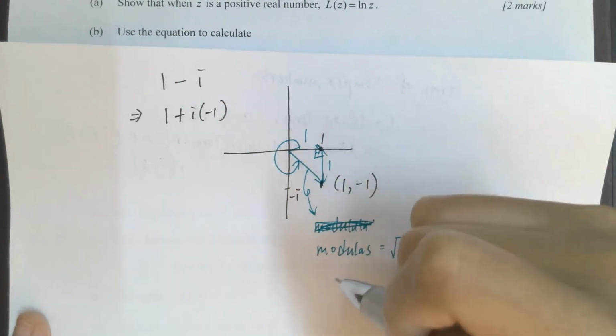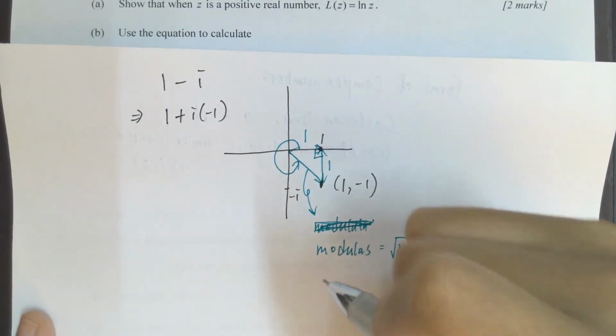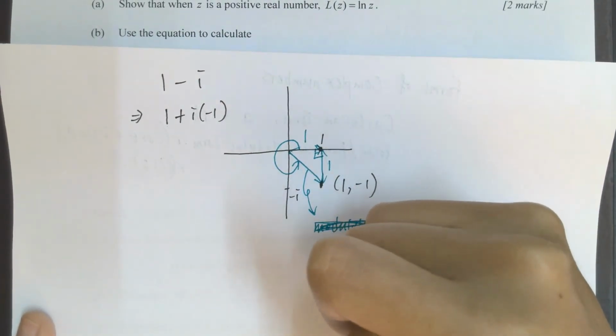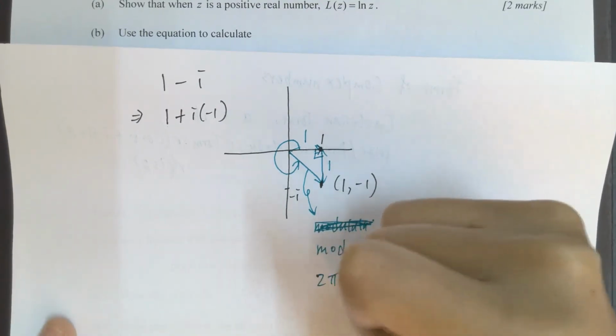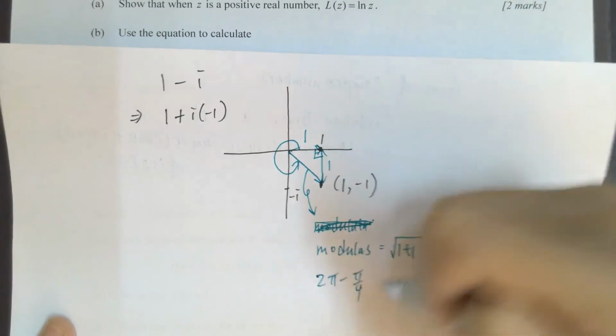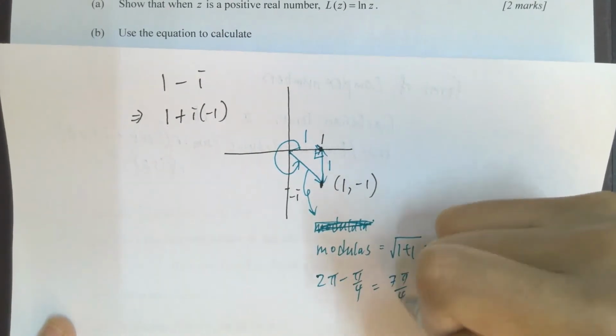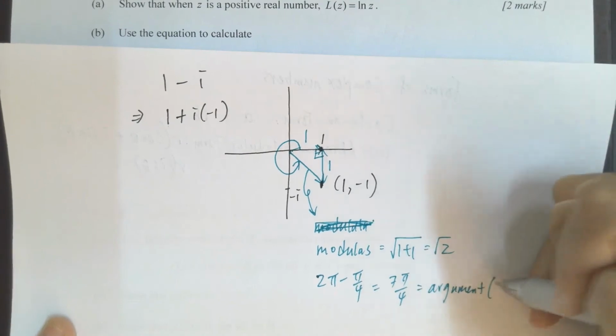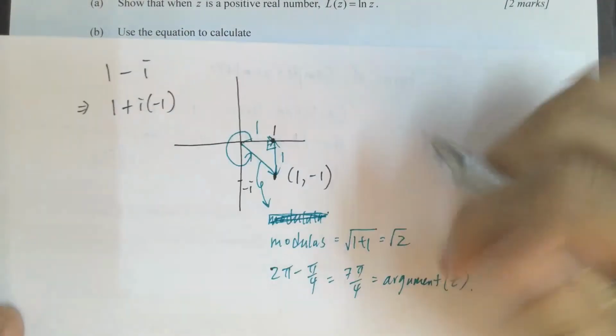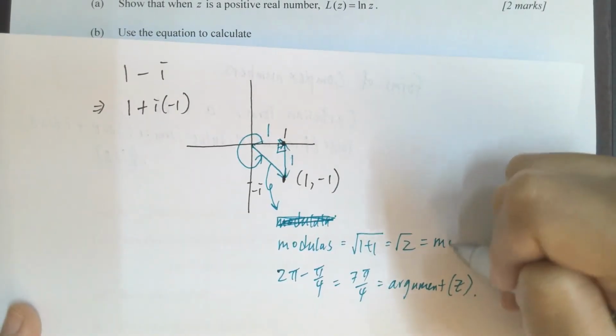But we don't want a negative angle, so we do 2 pi minus pi over 4, which is going to be 7 pi over 4. This is our argument, and this is our modulus of z.